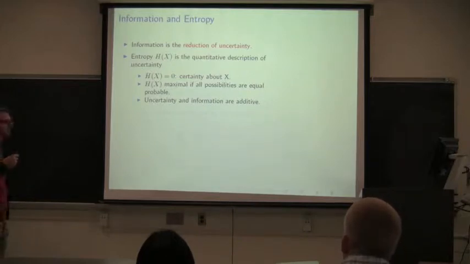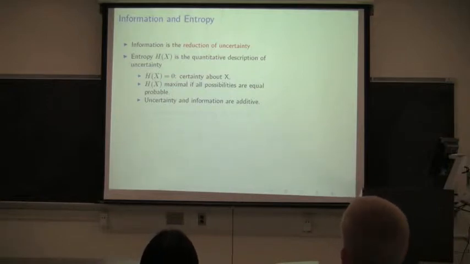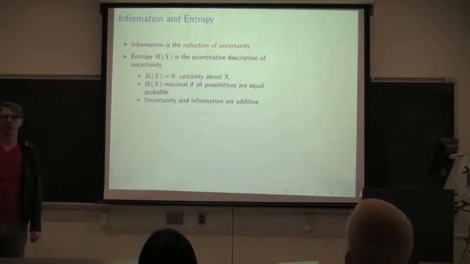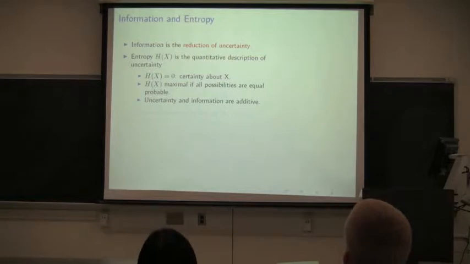Information and entropy. I put in some more material on this today because I was not very happy with the material last time. Information measures reduction in uncertainty about a variable. Entropy is a quantitative description of uncertainty. Think of the entropy of a random variable as the number of bits you need to write down the complete distribution over the random variable.